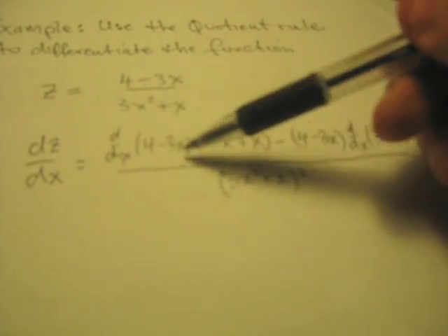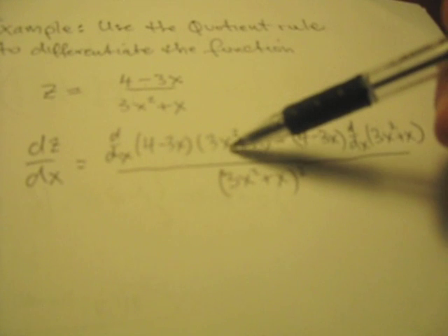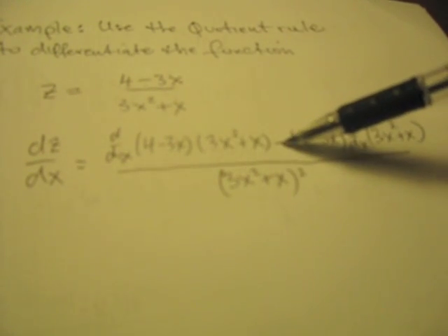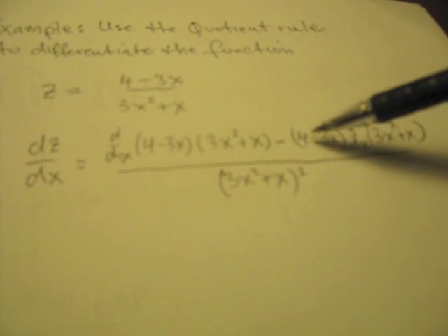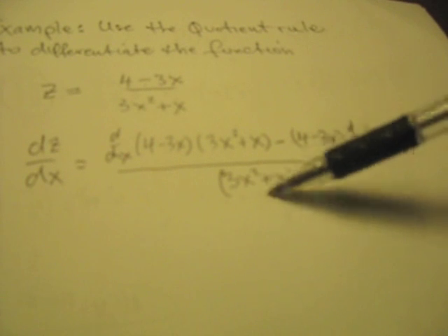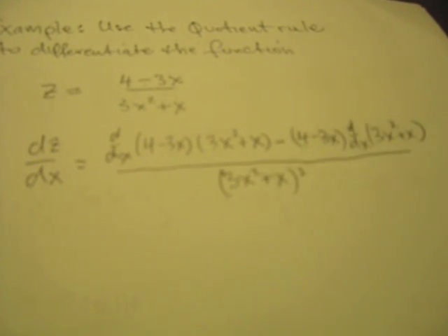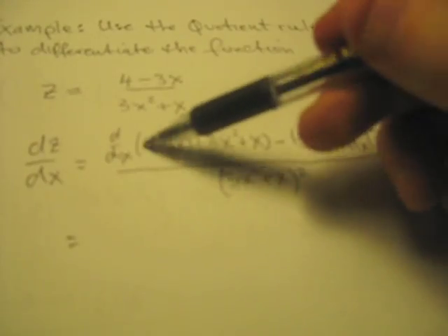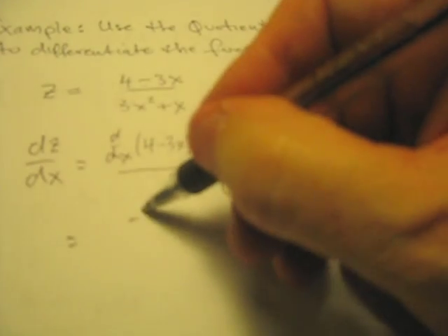Notice derivative of the top function times the bottom function, subtract, very important to remember the subtraction, by the top function by the derivative of the bottom function all over the bottom function squared. That is the quotient rule. Okay, so the derivative of this first function here, of course, will be 3.